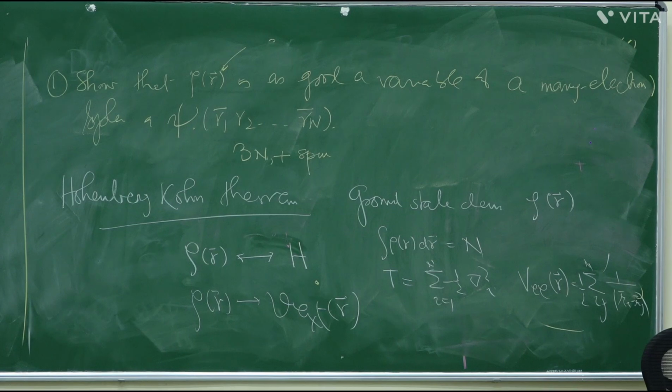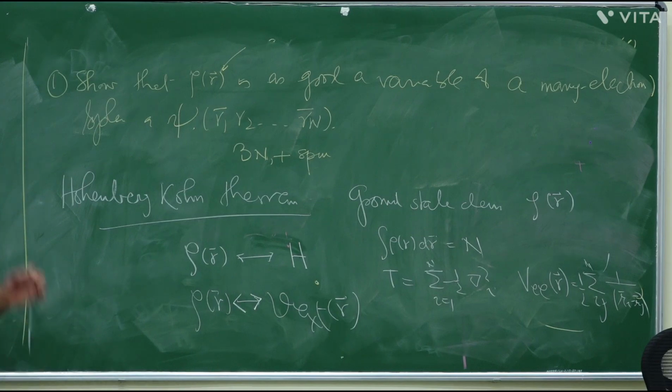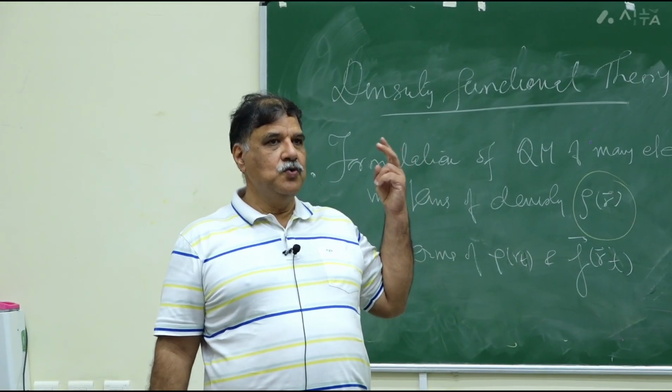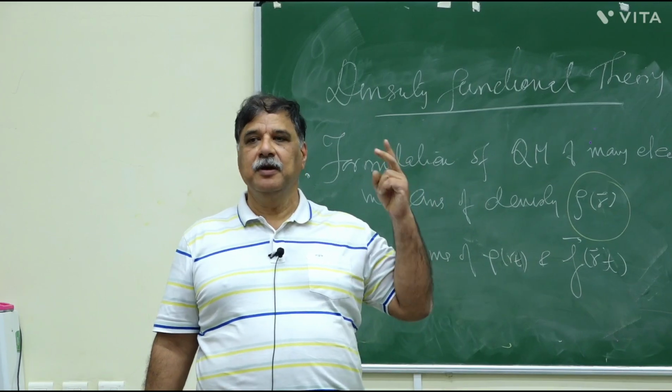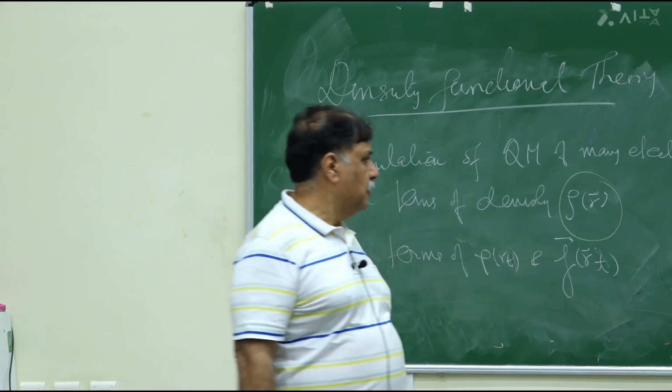So what the Hohenberg-Kohn theorem says is that there is a unique map from each given ground state density to the potential. It's determined uniquely. Okay? So I can write it like this. So, a one-to-one map. You cannot have two different potentials giving the same ground state. Is that okay?